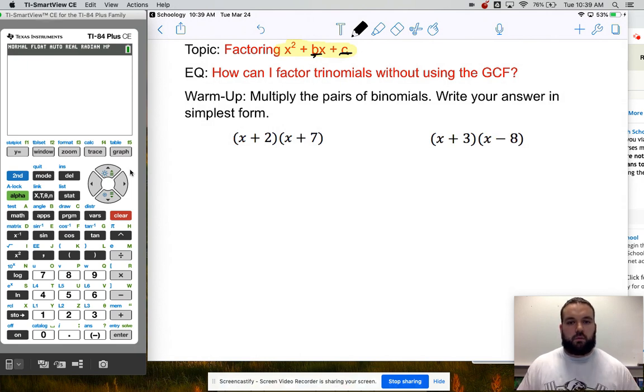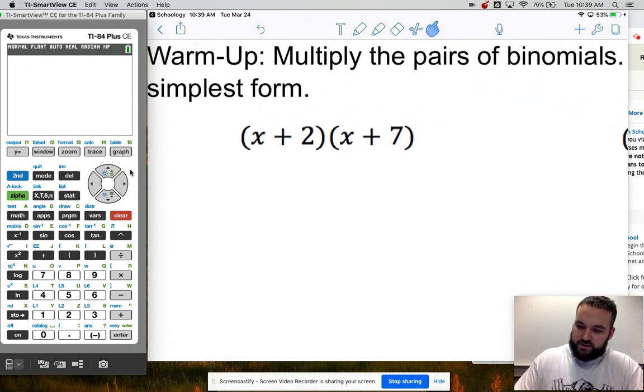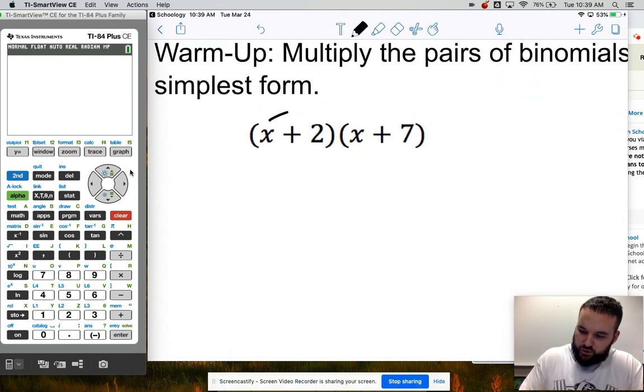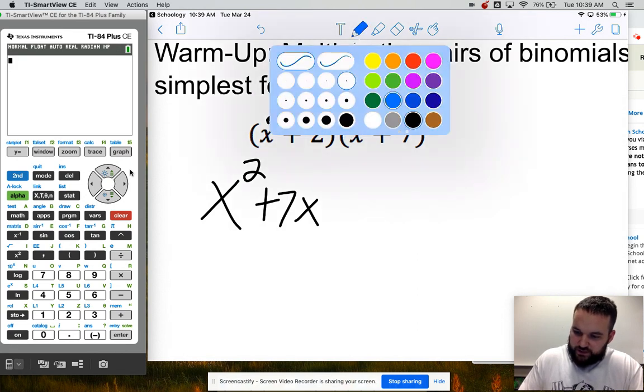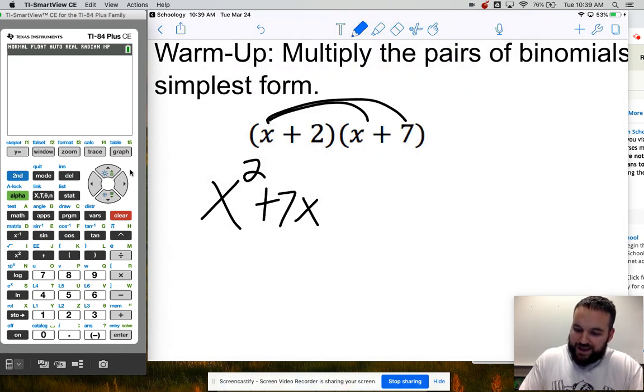As a quick warm-up, we're going to multiply the binomials. If you recall, this is two sets of distribution, which you could do using the box method, or what I'm doing right now, which is just distributing. I distributed x, this x right here, to both x and 7, and that gave me my first two terms, and now I'm going to distribute positive 2.